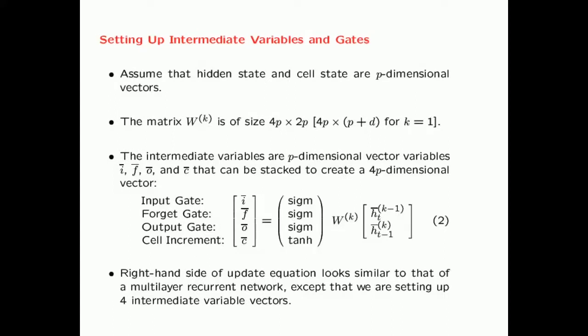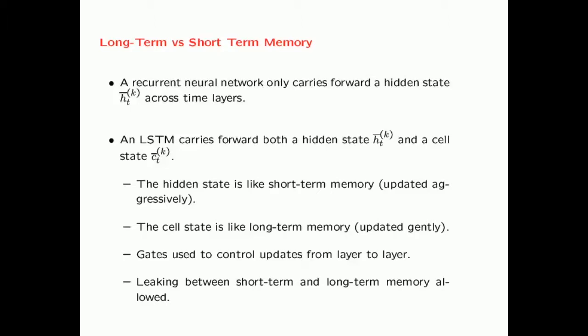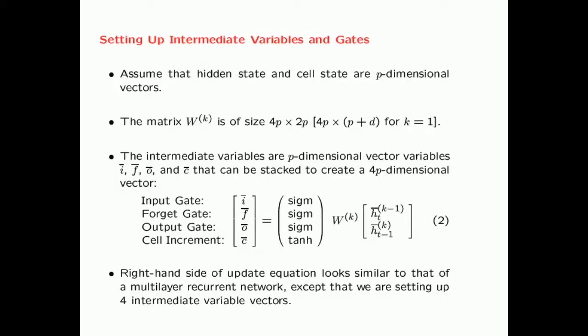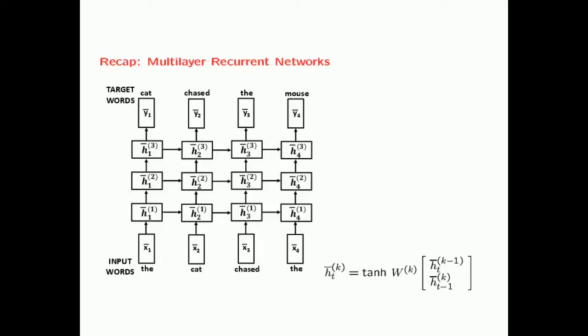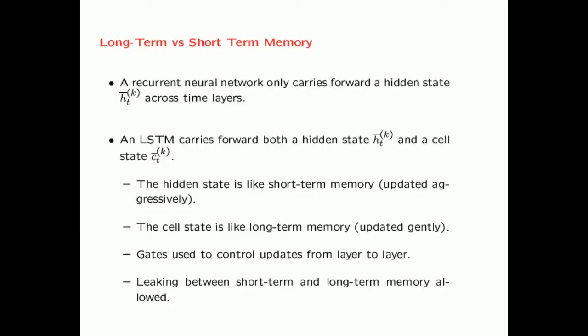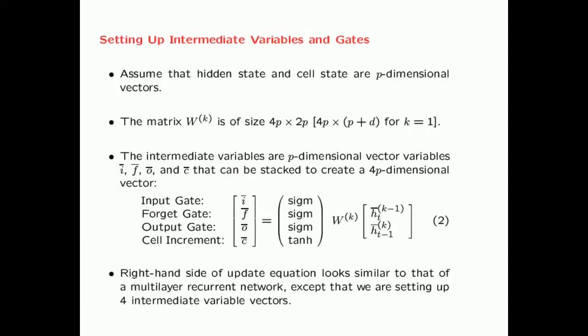So let's go into the details which will explain what I mean by what I just said. Let's assume that the hidden state h_t^k and the cell state c_t^k are both p-dimensional vectors. Again, in your multilayer neural network, you had this matrix W^k in order to transform from layer to layer. Here you have a similar matrix W^k, except its size is much larger: 4p cross 2p.